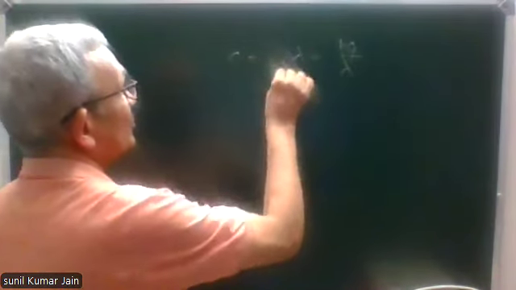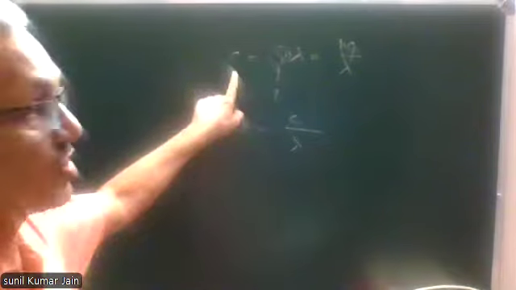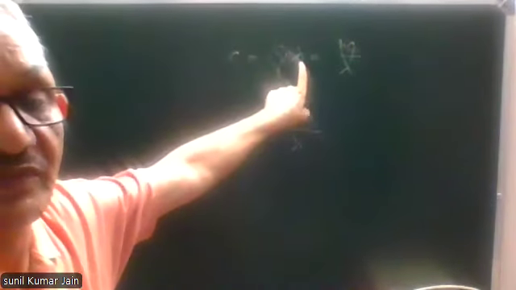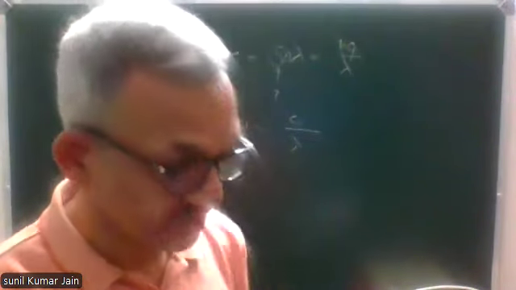So this is not to be used. This we want to calculate. This will be equal to c by lambda. C is constant. Value of wavelength of radiation is given. Divide and you'll get the answer. But units should be proper. That you have to keep in mind.